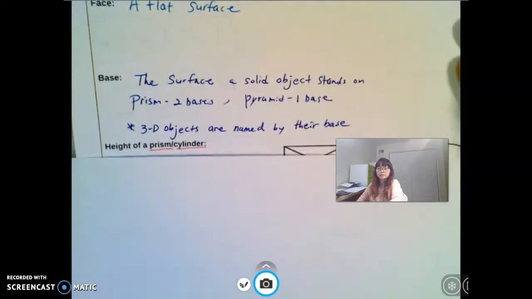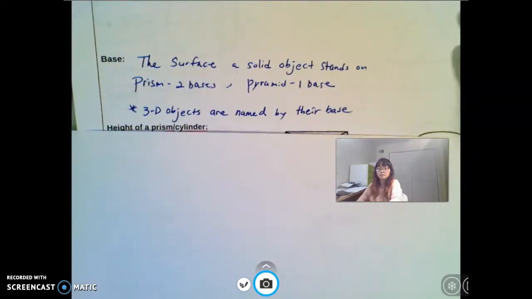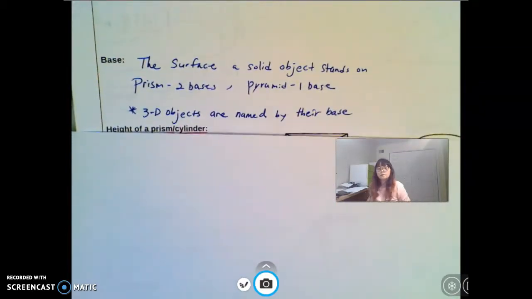A base, okay, there is a lot to write for the base. A base is a surface a solid object stands on. That was a definition from mathisfun.com, but just because something is standing on it this way does not mean this has to be the base.